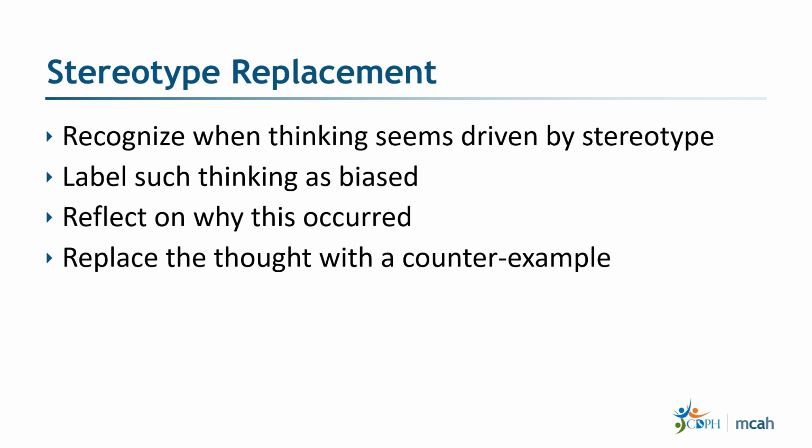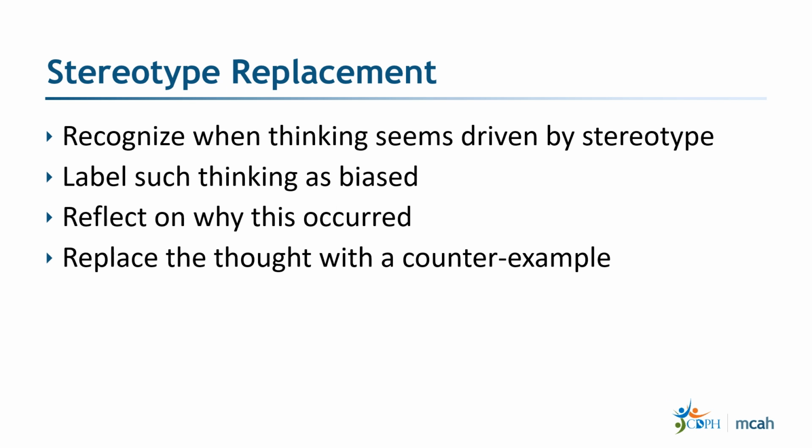Stereotype replacement is a conscious process to shed an implicit association and replace it with a more fair and open connection. The first step is recognizing when thinking seems driven by stereotype. This includes being aware when we are making an assumption about another person.